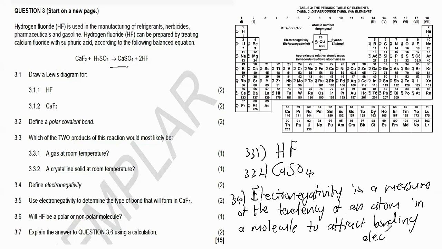So for 2 marks, that's how you are expected to define electronegativity. Is a measure of the tendency of an atom in a molecule to attract bonding electrons. Right.